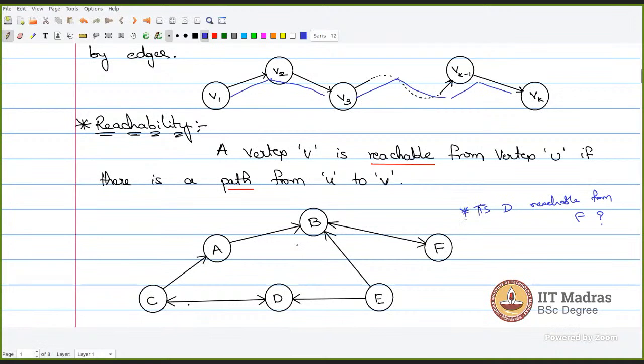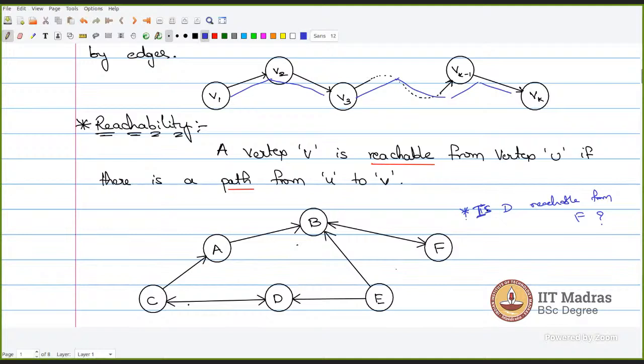What you have to do is try to find a path from F to vertex D. If you are able to find a path in the given graph between F and D, then I say yes, D is reachable from F.